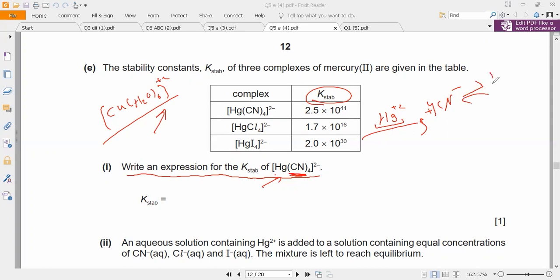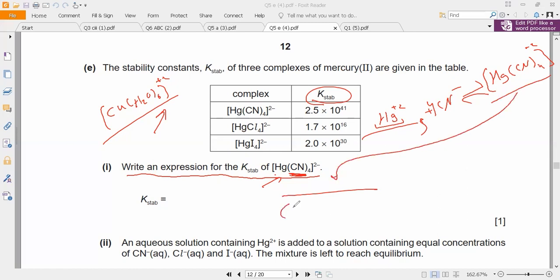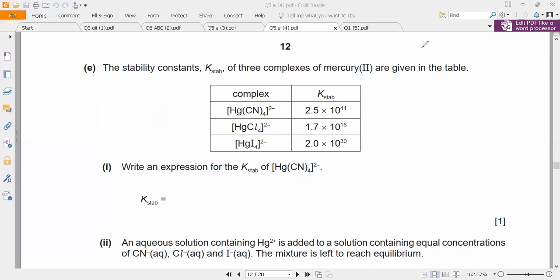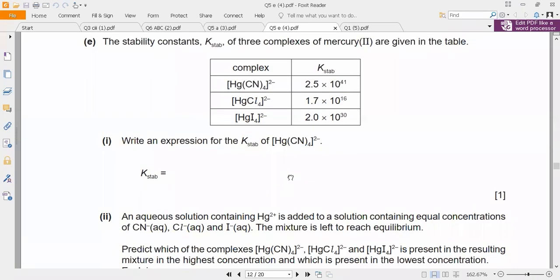Equilibrium reaction, we will get the complex Hg(CN)4 2-. Now, guys, Kstab will be quite easy. We divide the product over the reactants. Don't forget CN- will be raised to the power of 4 because we have 4 moles of them. And this is the first part of the question.